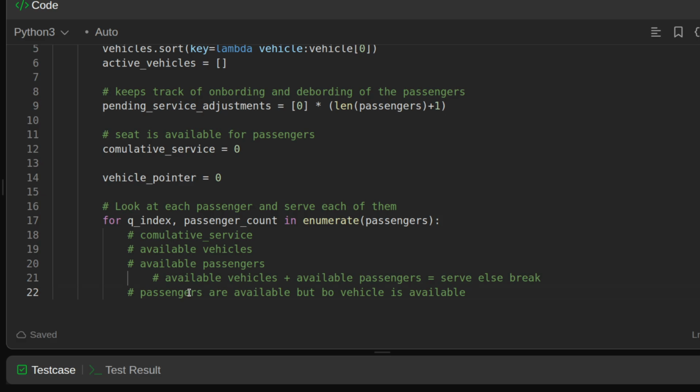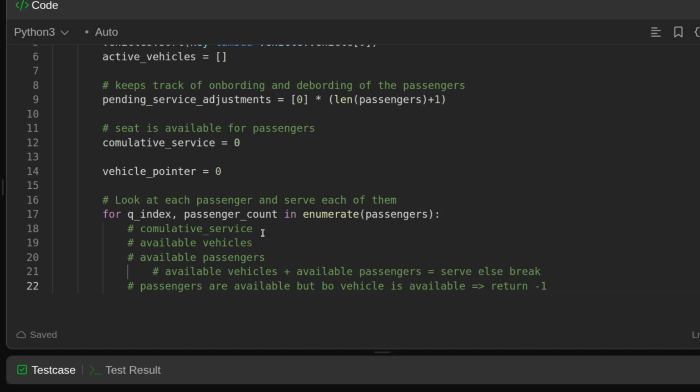In that case we are going to return -1. That means we failed to provide the services, we failed to serve each of the customers, right? And finally whatever is left in the available vehicles, we need to return, right?